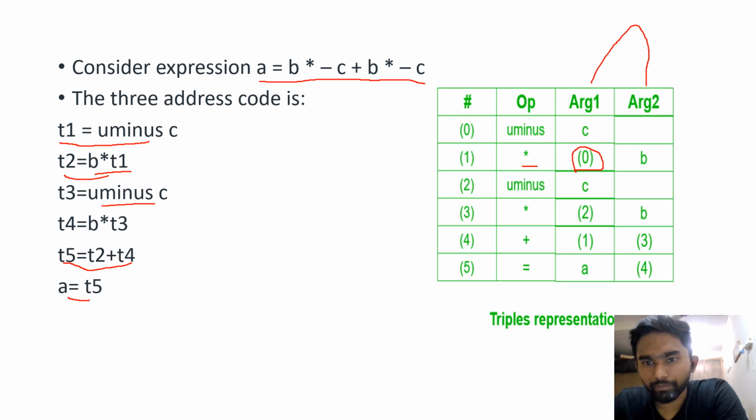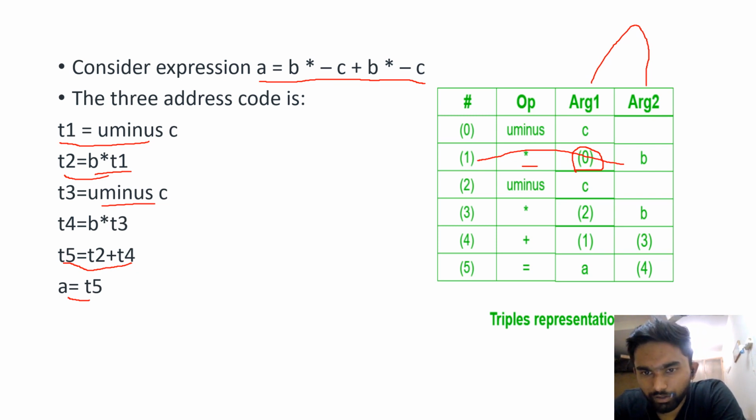Now we have the value of minus c at pointer 2.